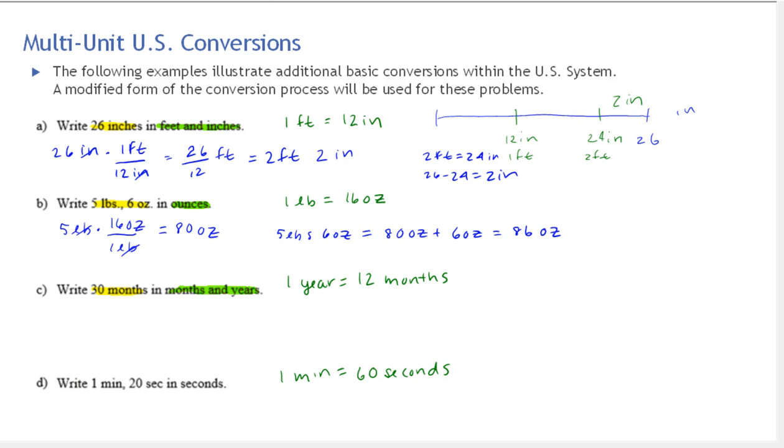Okay. So we're going to start by taking the 30 months. So since there's 12 months in a year, we're going to see the most whole years that are in 30 months. Oops, excuse me. This is 12 months in 1 year.